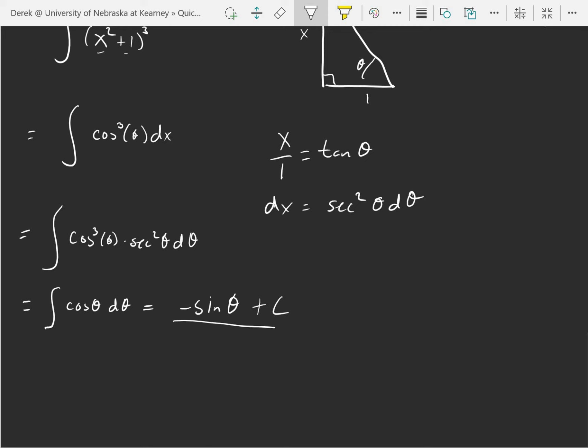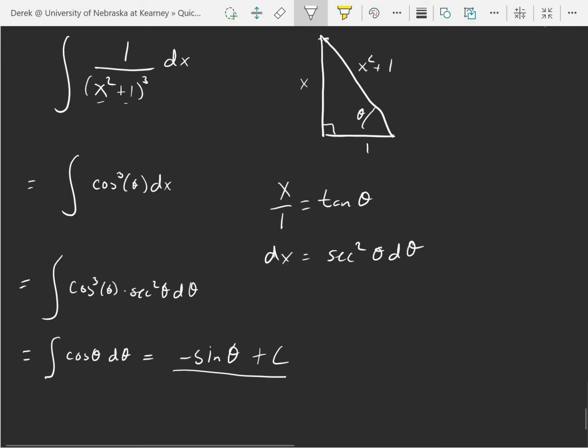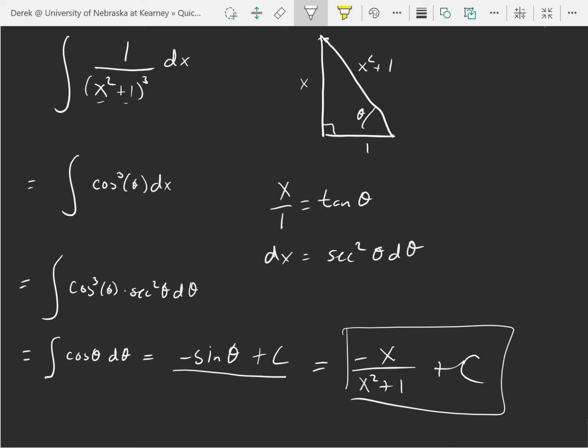How do I calculate what this is? Well, I've got a triangle with an angle of theta in it already. The sine is the opposite over the hypotenuse, so this is x over the square root of x squared plus 1, and a constant. Okay. So that's kind of how trig subs work.